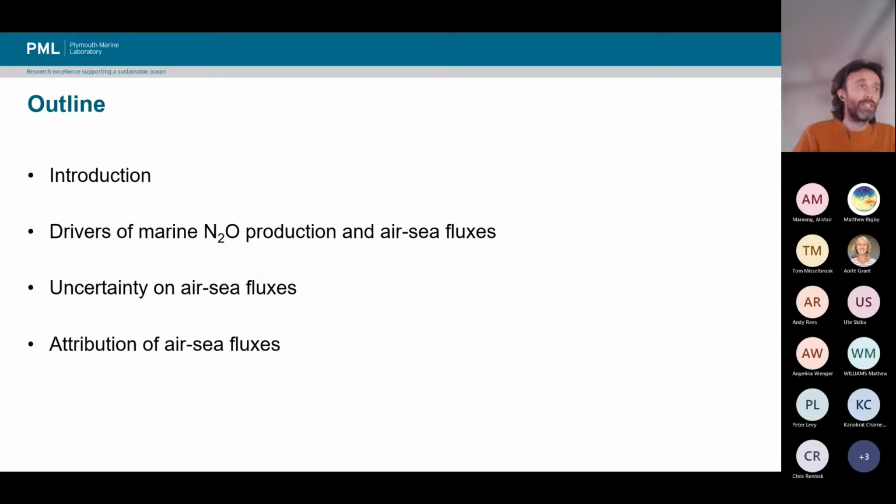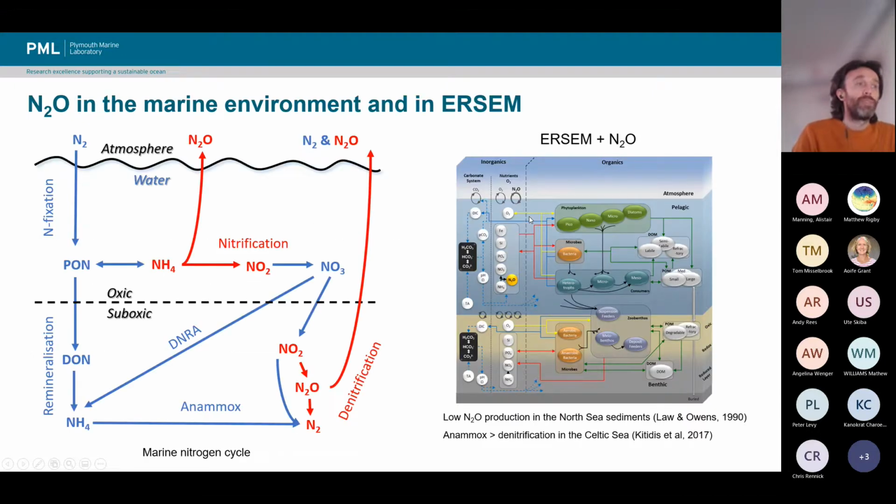Show some of the uncertainty that we have studied on the air-sea fluxes, and then try also to attribute which component of these air-sea fluxes are due to anthropogenic activity and which are due to natural processes. So this is a simplified scheme of the nitrogen cycle.